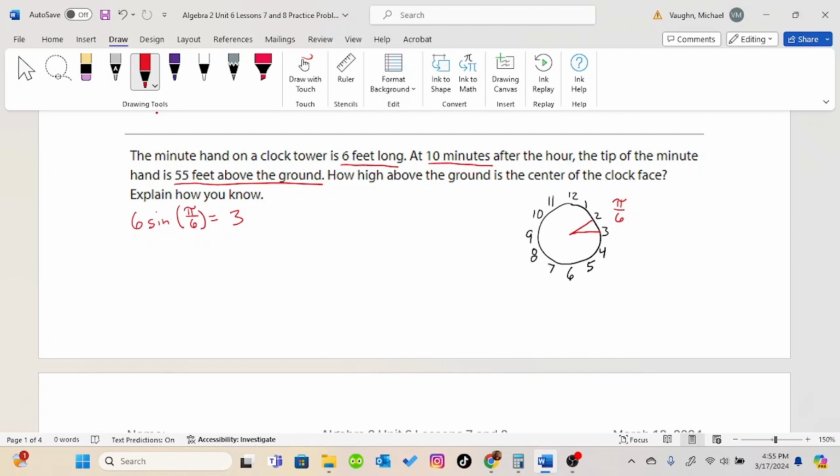So the clock hand is 3 feet above center. So if the tip of the hand is 55 feet above the ground, minus the 3 feet that it is above the center, that tells us the center is 52 feet above the ground.